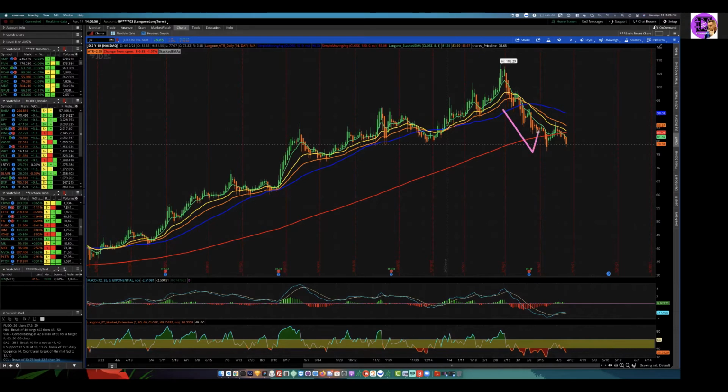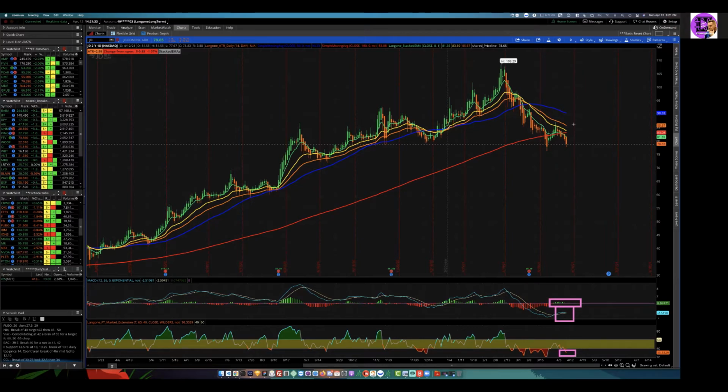Up, down, up, double bottom, H pattern, W pattern, whatever you want to call it. It's in that pattern right now. What I'm not super thrilled about with JD is we have a potential Backbeat cross down. However, we do have some positive momentum. We are beginning to be oversold.